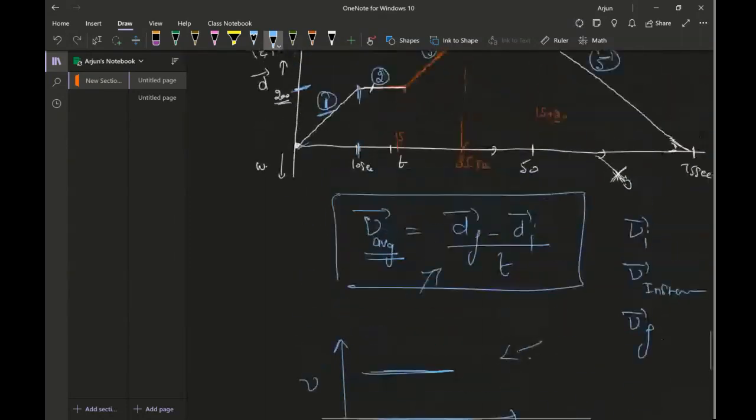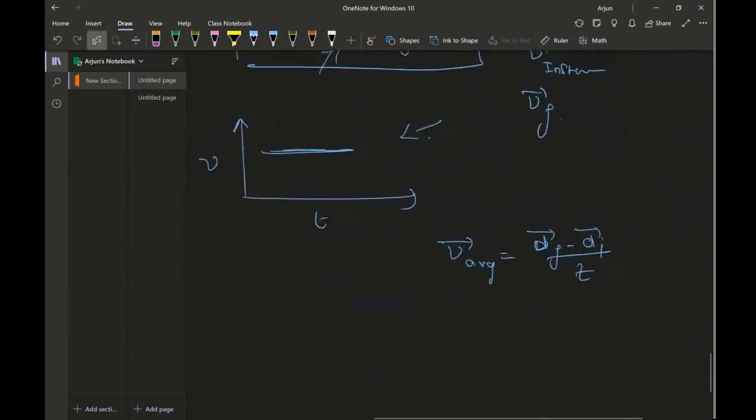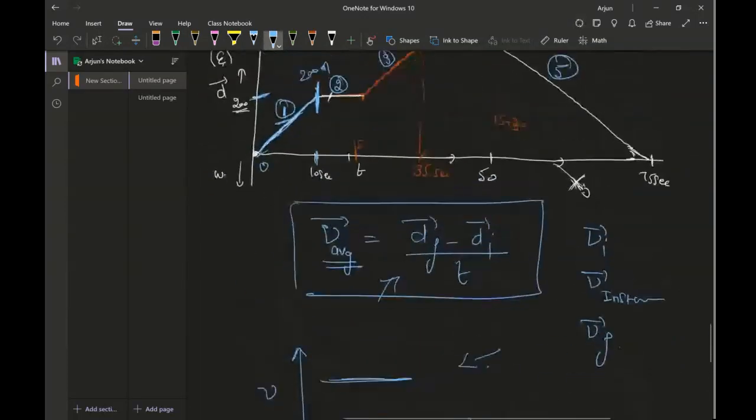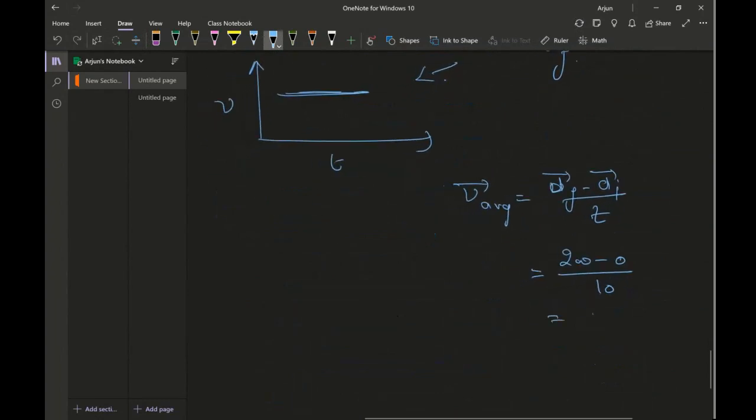With respect to this section, he is in section 1, here he is at 200 meters. He started from 0, so it will be 200 minus 0 divided by time. Time taken was 10 seconds, so that will be equal to 20 meters per second. That is the average velocity, V average, for section 1.